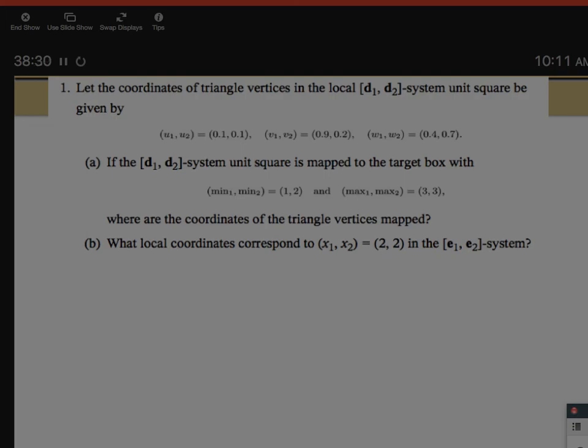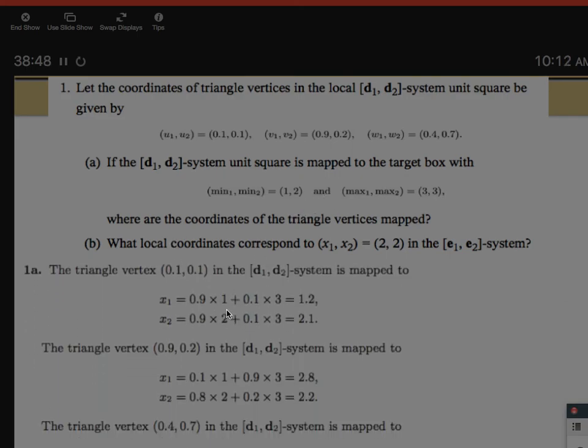Okay, so who can tell me what is delta 1? Delta 1 is 2, right? Where do you go? Target box is 3 minus 1 is 1. And so what's delta 2? 2 minus 3 is 1. Right, so now if I use the formula, this is 1 times 0.9, plus, so this is using the other set of formulas.